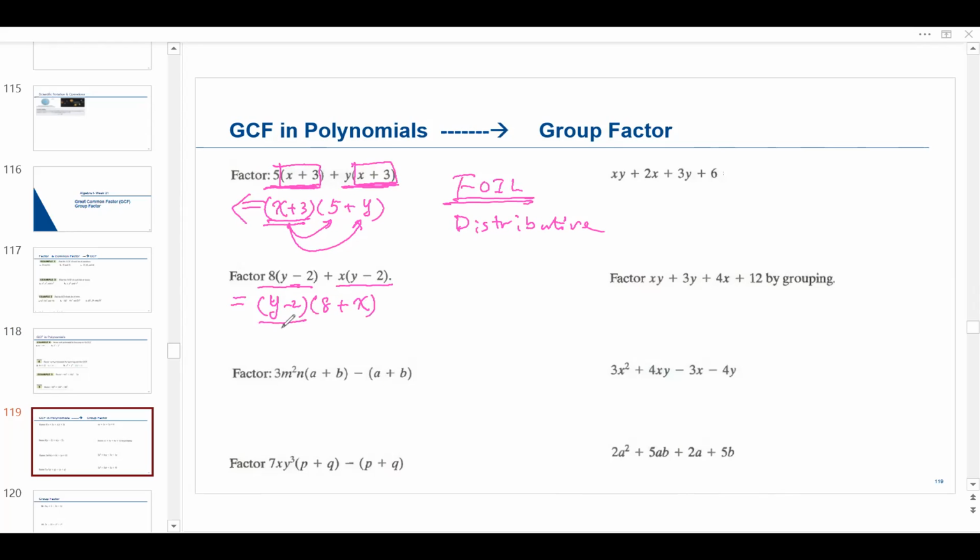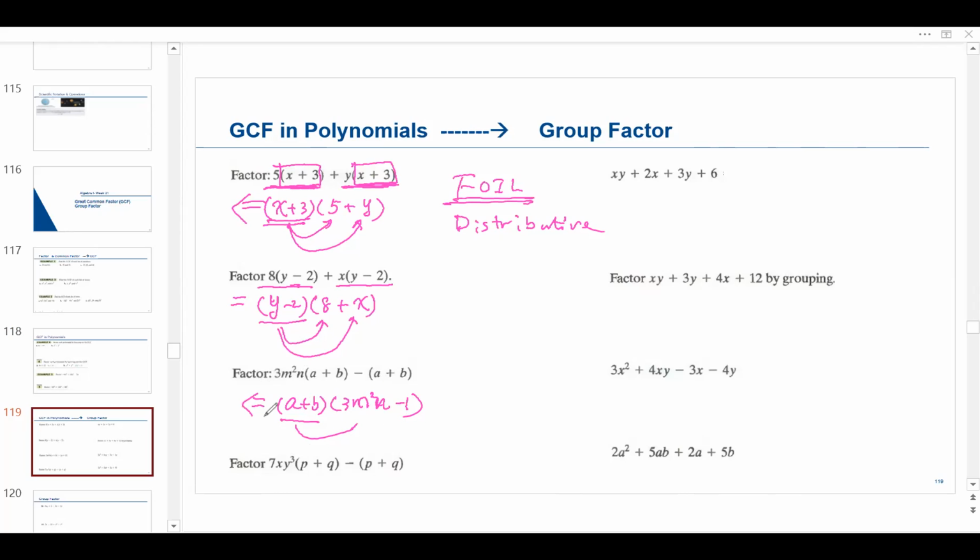When you distribute inside, the first times and the second, you get the original back. For the third example, a plus b is the common factor, right? So you can distribute it quickly, and you get the original backward.